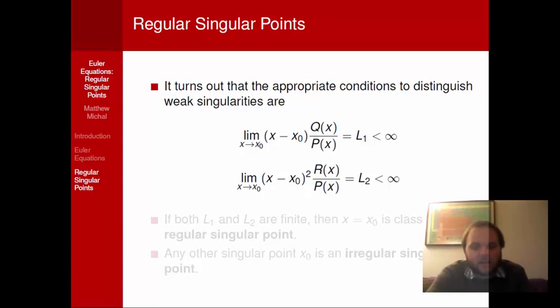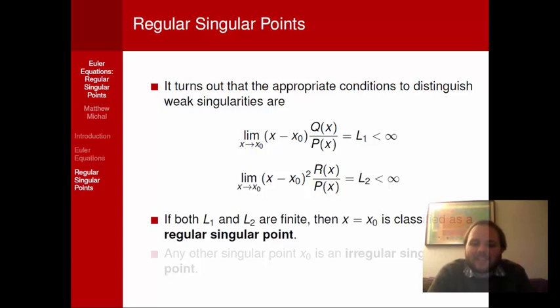I'm not going to talk about it a lot in this class, but if I multiply my q over p by a linear x minus x naught term, and I take the limit, and it is a finite number, and if I do the same thing with r over p, but with a quadratic, I get a finite number, this is good enough to call it a regular singular point.